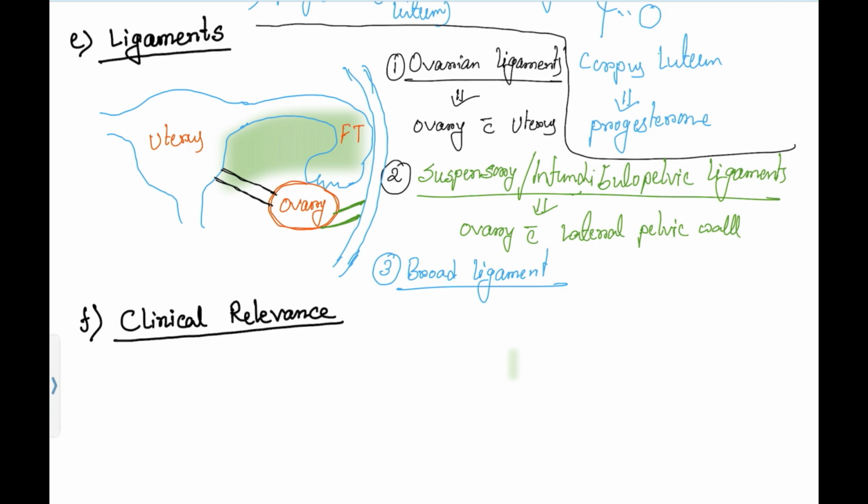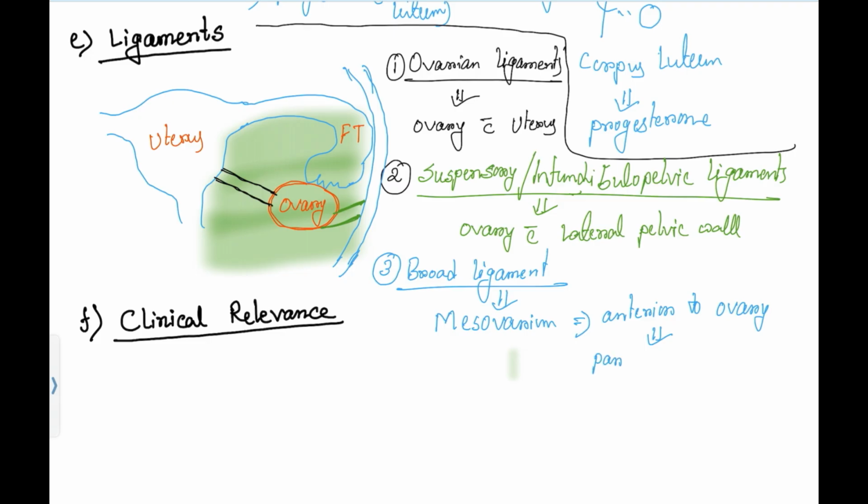See here, in this whole portion, from the back side, your broad ligament is situated, and the front portion of this broad ligament is called the mesovarium. The mesovarium is the part of the broad ligament just anterior to the ovary, and it also gives support to the ovary.